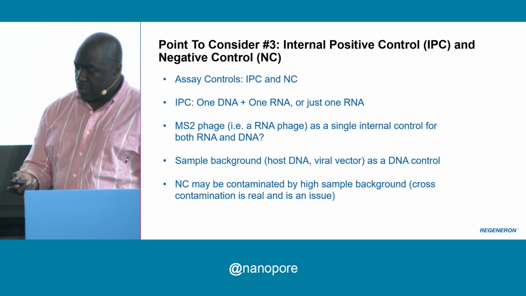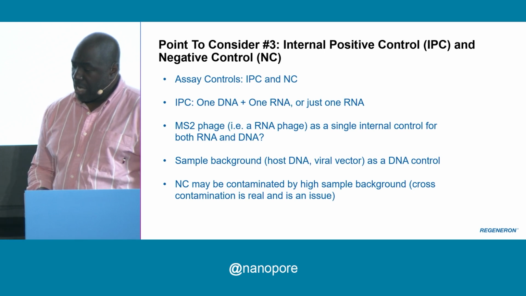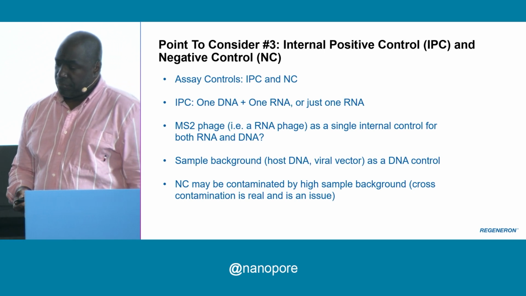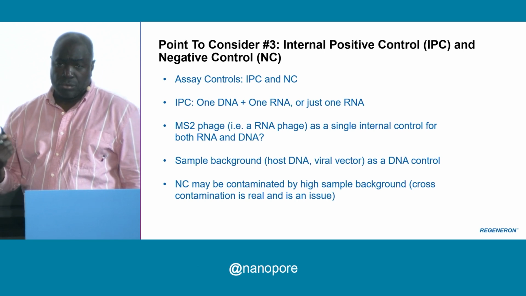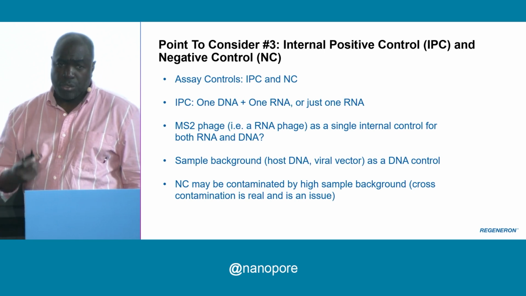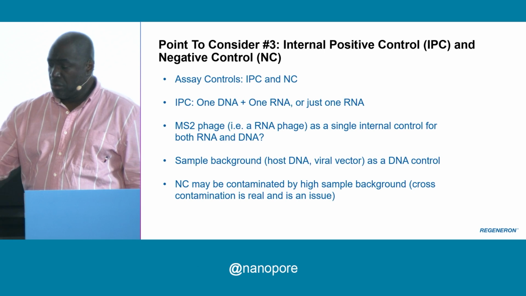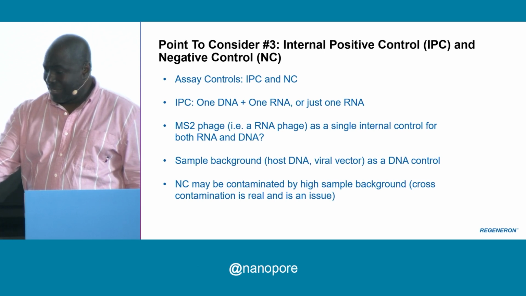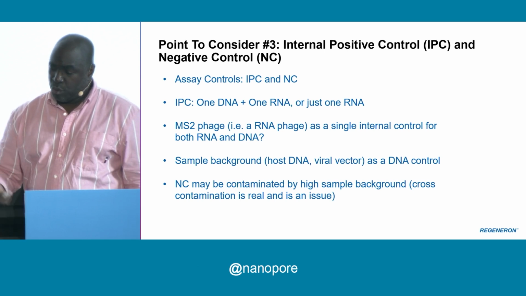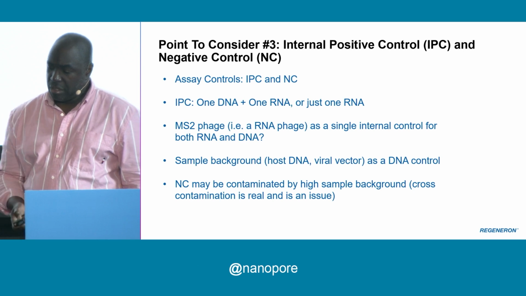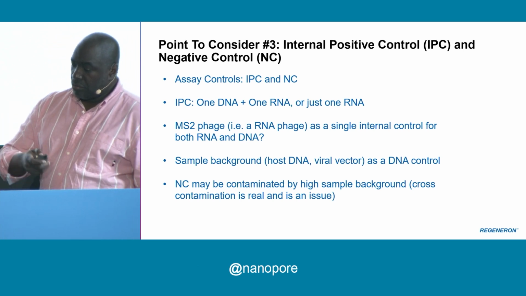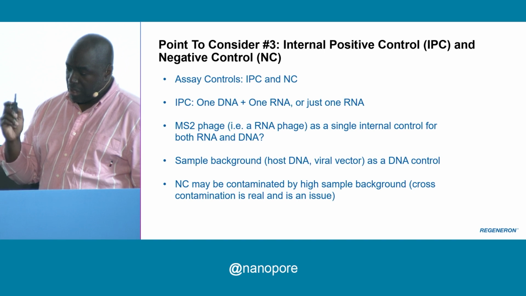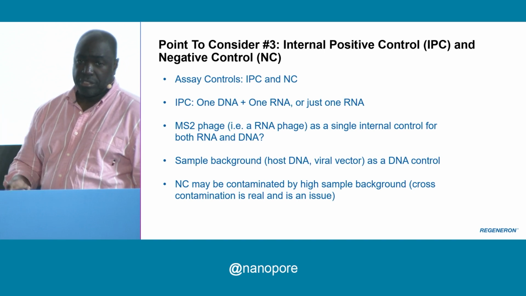The sample background is something that's going to be very challenging here, but even if you reduce it to some minimum, you're always going to have the sample background. So we were analyzing here if that sample background can also be used as a DNA control. The negative control will be contaminated with high background. Be ready for that.